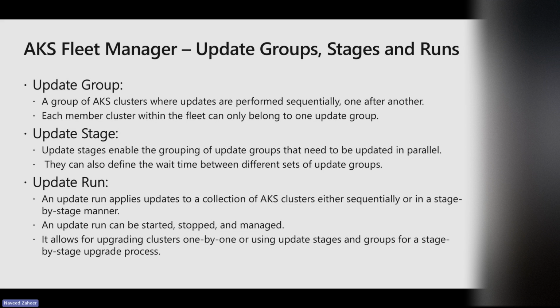Let's say an IT department has 10 clusters, 5 are test, 5 are production. You may want to create an update group test and an update group production. So 5 clusters in test, 5 in production. Remember, a member cluster can only be part of one update group.